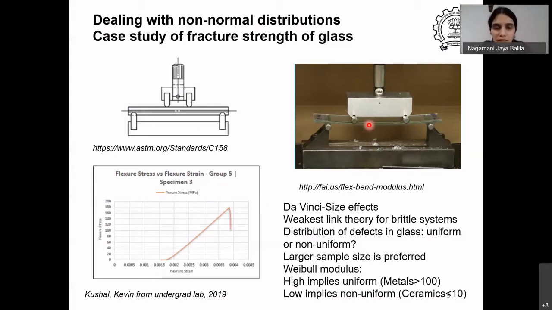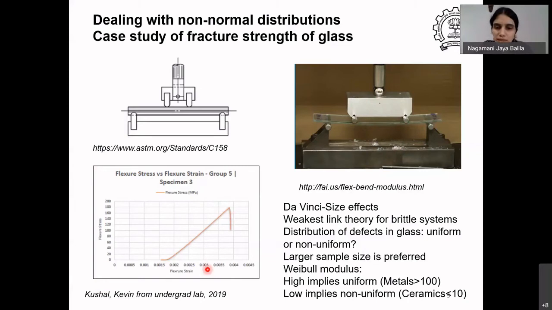And usually, because glass does not show any ductility, there is no ability for plastic deformation of glass, as you all would have seen, like, you drop it, you break it. So the load displacement curve and the converted stress strain curve looks like this. It's linear elastic up to a certain point, and then it suddenly breaks at a certain point. There is no plastic deformation.